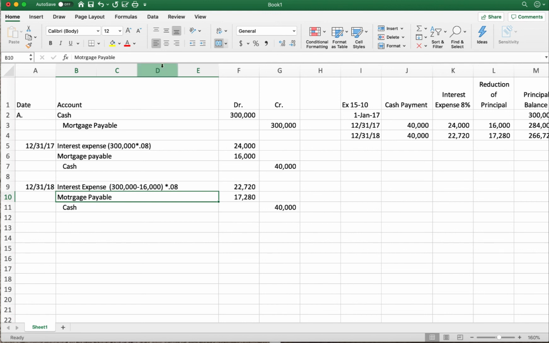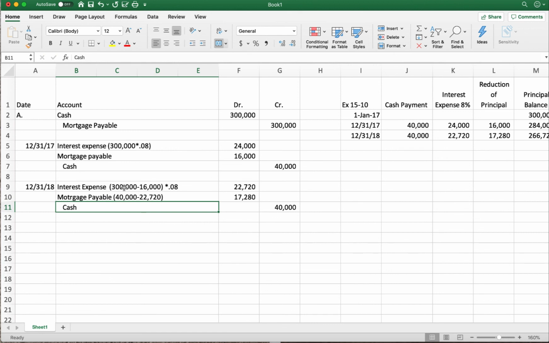Same thing with the mortgage payable. How do I calculate that? Well, that's easy. To calculate the decrease in the mortgage, I just take my payment, $40,000, minus the interest of $22,720, and I end up with the $17,280.